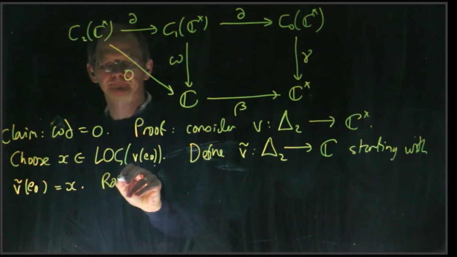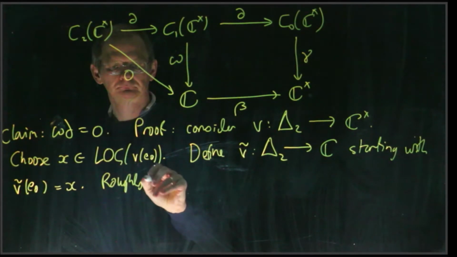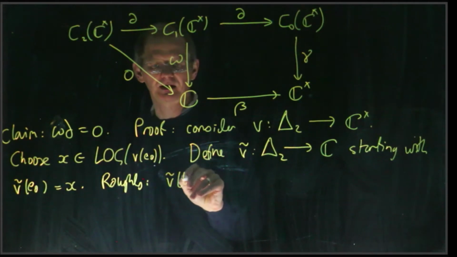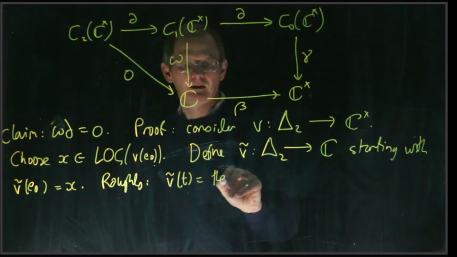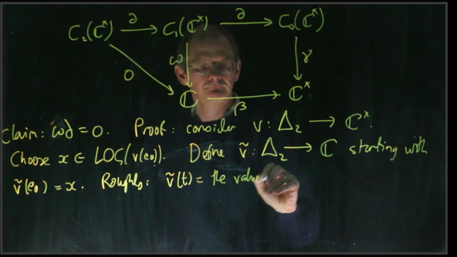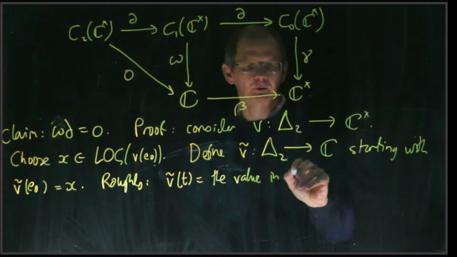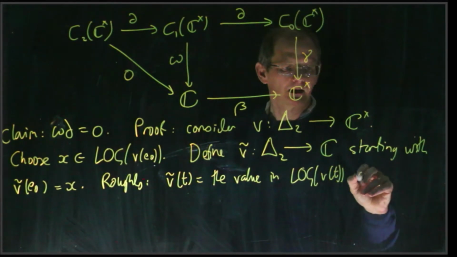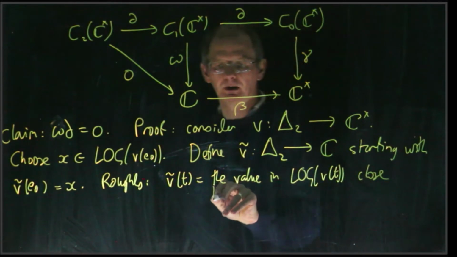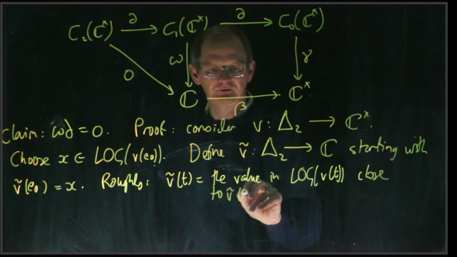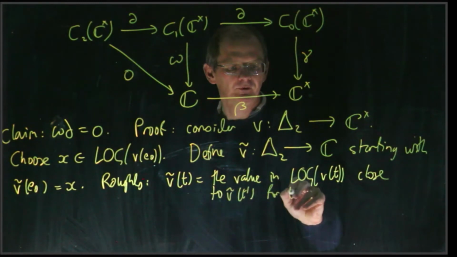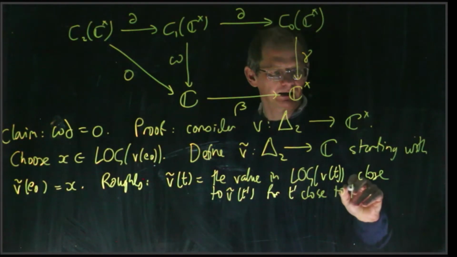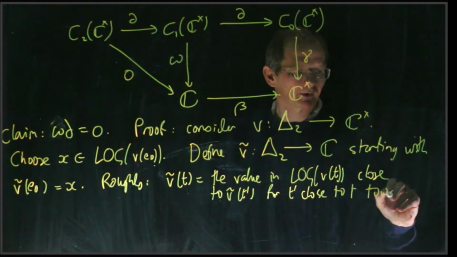Roughly speaking, we define v tilde of t to be the value of the logarithm of v of t that is close to v tilde of t prime, for t prime close to t towards e0.